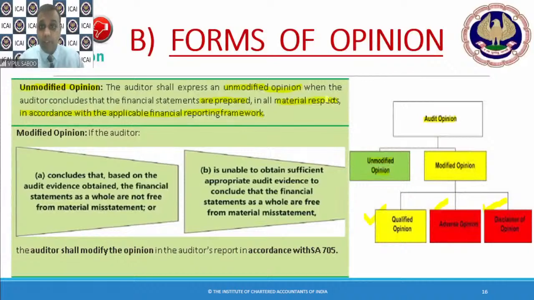Material respects means all aspects and considerations which were important and material to be taken care of.